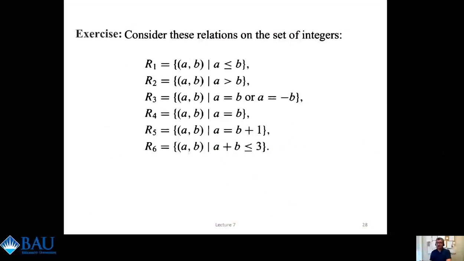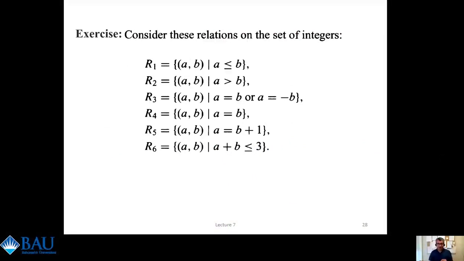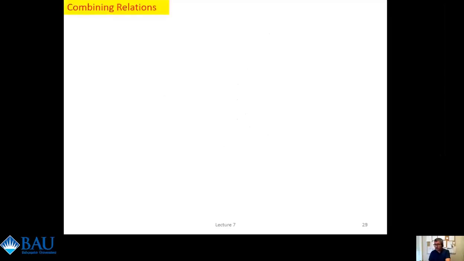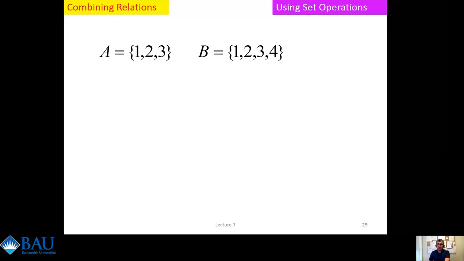Do these exercises at home to see which one is equivalence relation and which one is partial ordering. In general, just check reflexive, symmetric, antisymmetric, and transitive. Later on, you will decide which one is equivalence relation and which one is partial ordering. We know that at the end, a relation is a set. So combining relations, you can do the union, the intersection, any operator that you want.